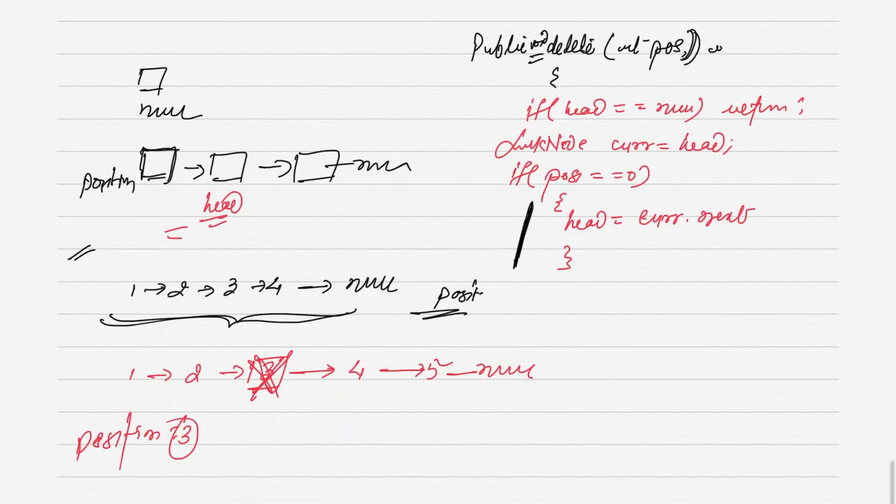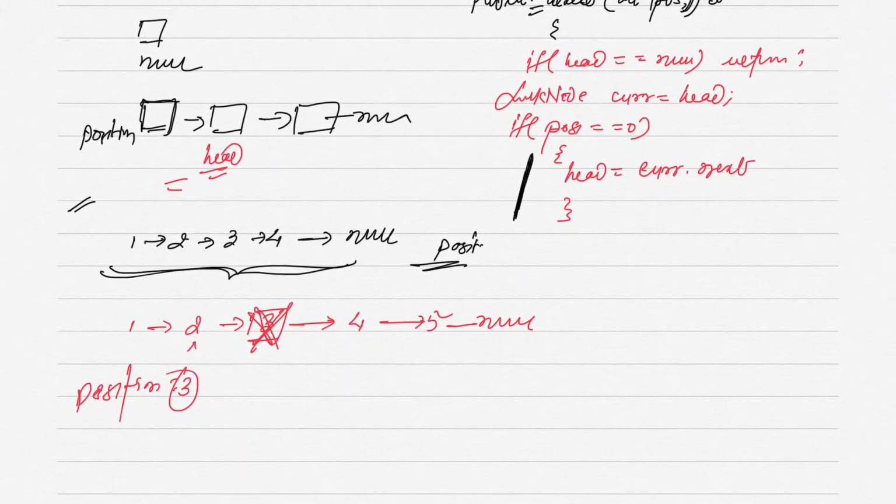What we can do is get the previous node. This is the previous node, and we will ask this previous node, instead of pointing to the next node, to point to the next-next node. And one is done, the list is going to look like this, and 3 will be deleted. So here is the catch.